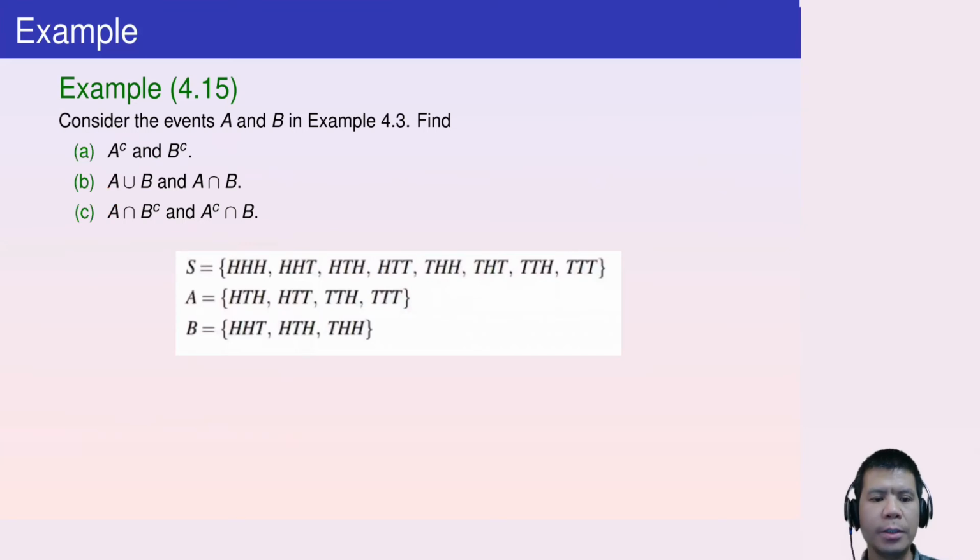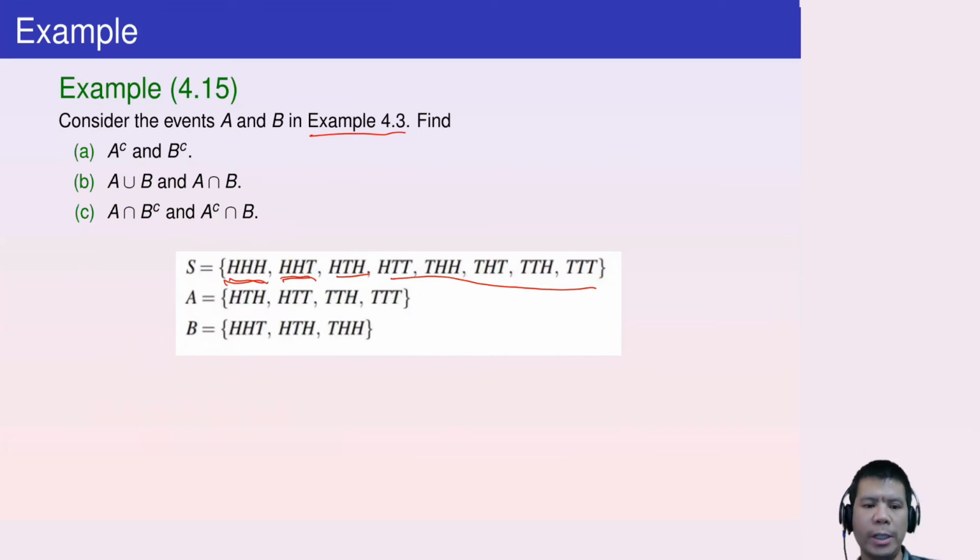Now let's consider this example. We want to consider the following events in Example 4.3. Let's recall this example. It is an example of flipping a coin 3 times, and the order of heads and tails is recorded. So the sample space is given here. There are 8 possible outcomes: head, head, head; head, head, tail; and so on.